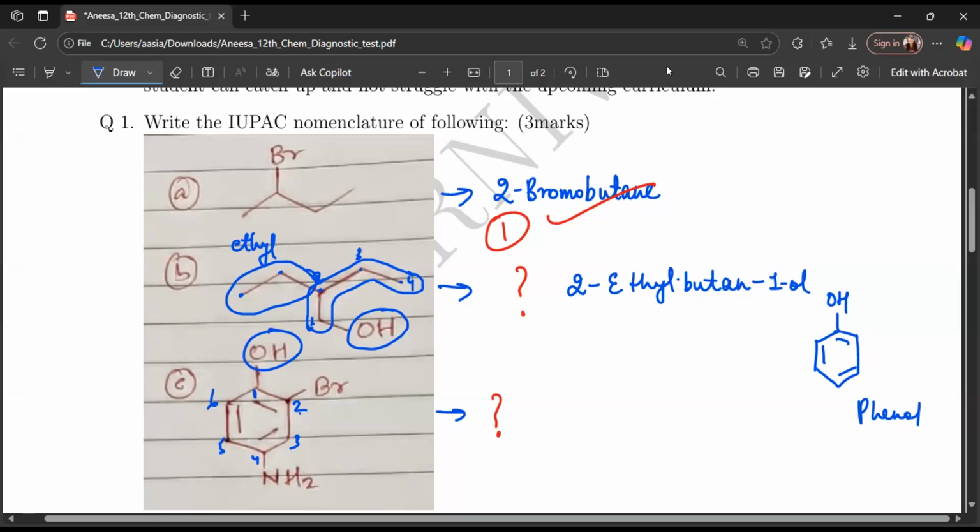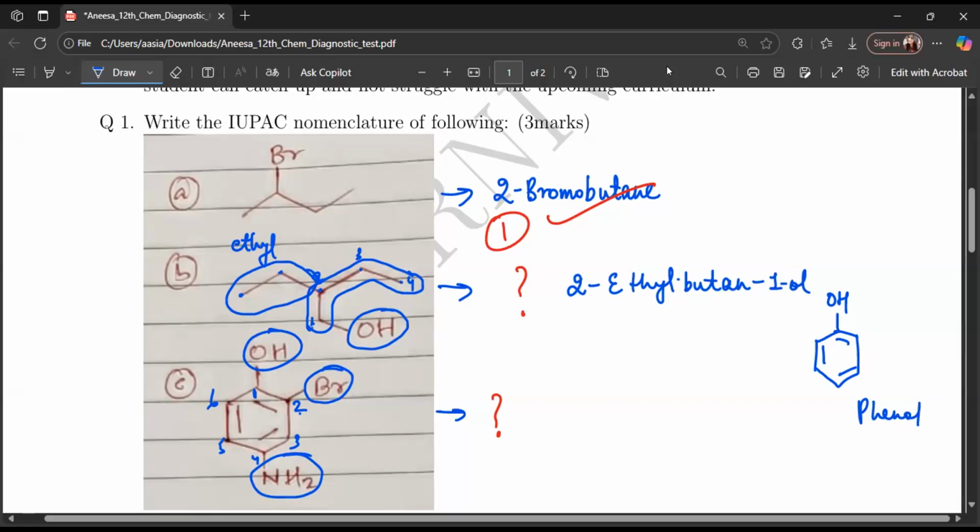Now you can see there are two substituents, bromine, and NH2, which is your amine group. We use amino and bromo, and we write the IUPAC name according to alphabetical order.